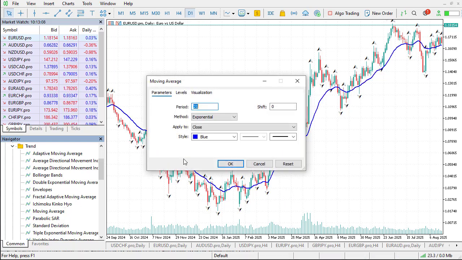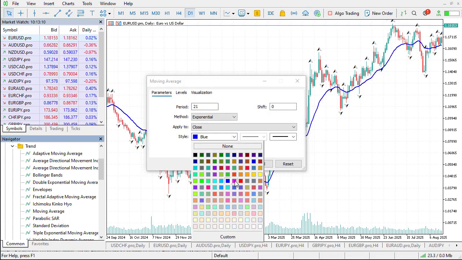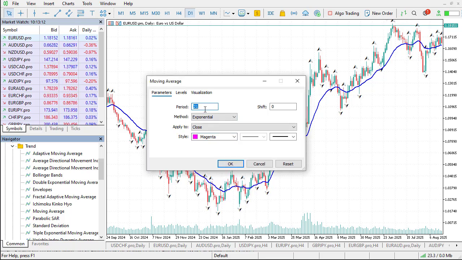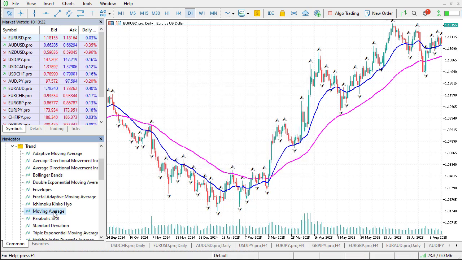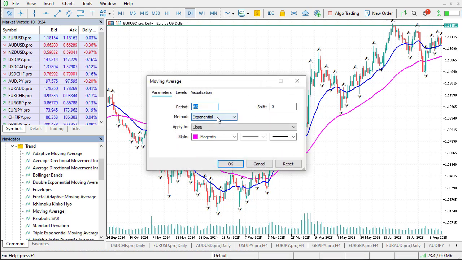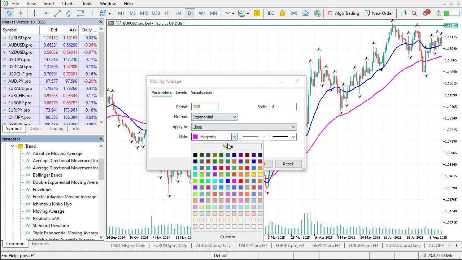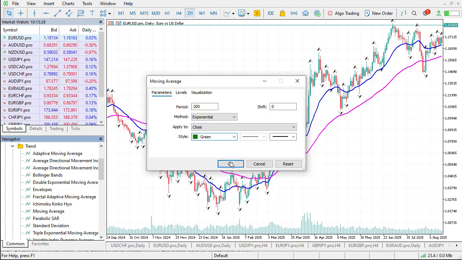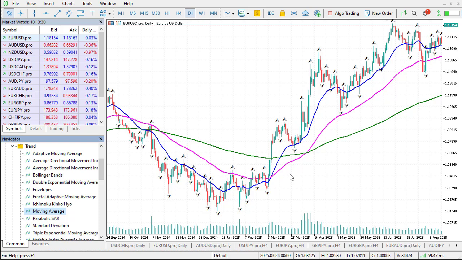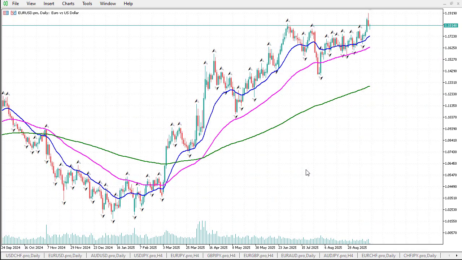I will click again. I'm choosing magenta, and I will use 63 because this is roughly the quarterly period. A quarter is having close to 63 working days. Click OK. And the last one is the 200. And now I choose green. And I click again F11 so you can see the big picture.